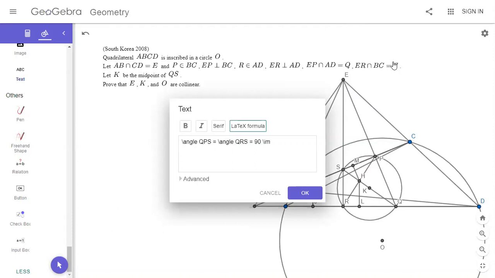Okay. Yeah, I'm still using Ricard's, but I'll just finish writing it up and then see what you have in mind. So angle QPS is equal to angle QRS implies that QPSR is cyclic, cyclic with center K.